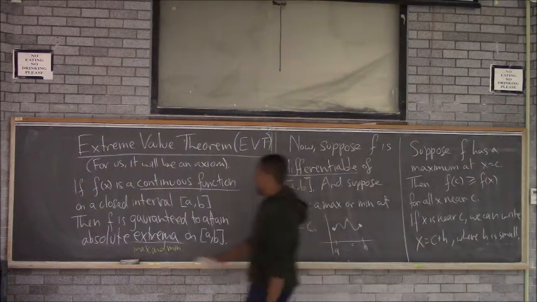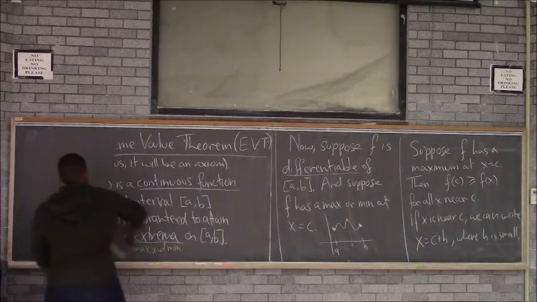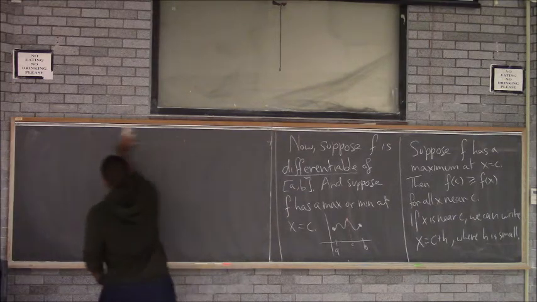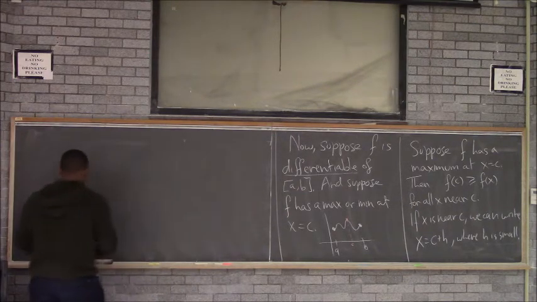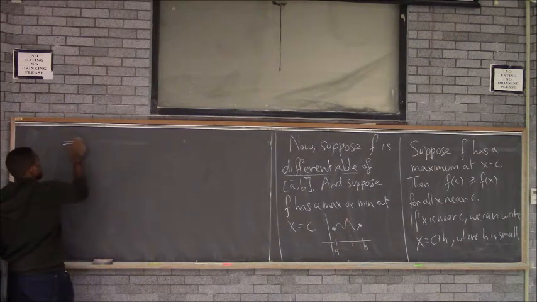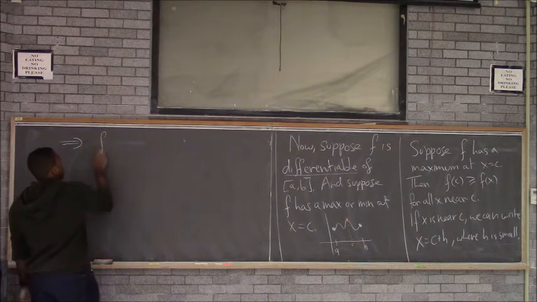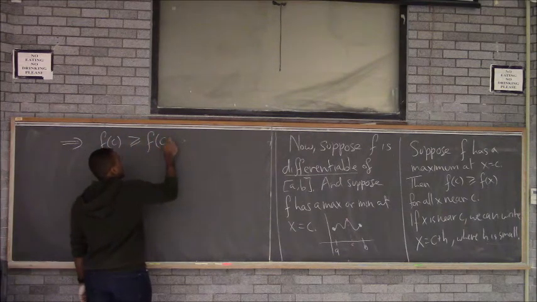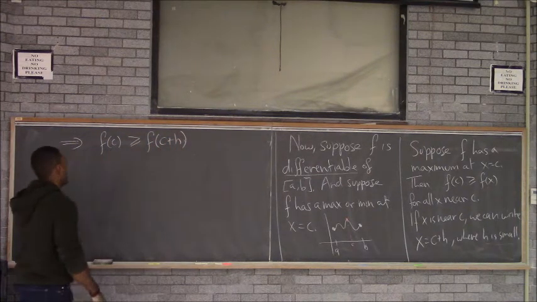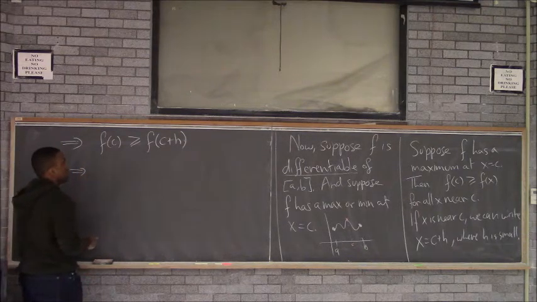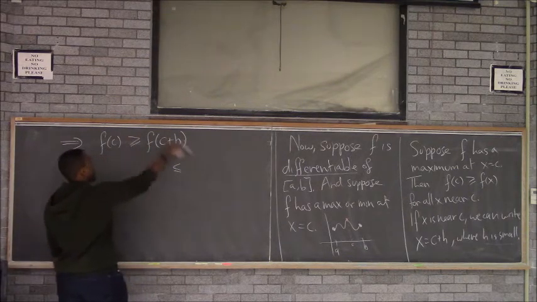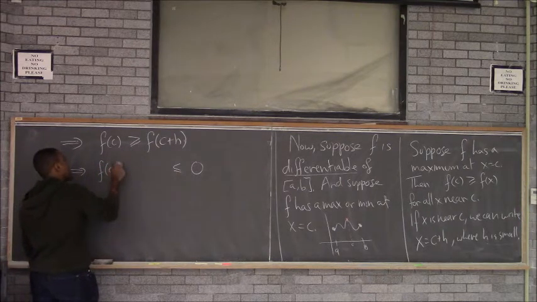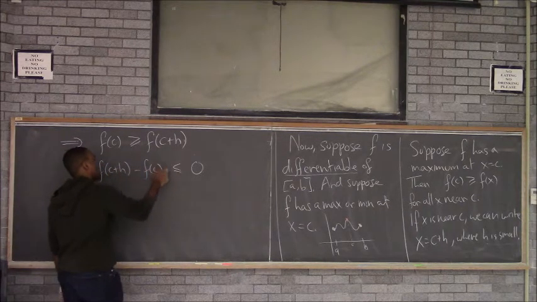Now, what does that mean? This means that f of c is going to be greater than or equal to f of c plus h. In other words, if I bring this all to one side, let's subtract f of c from both sides to get 0 over there. I would have f of c plus h minus f of c.